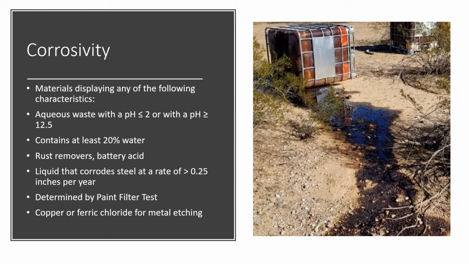A common example is some types of rust removers and battery acid. A liquid that can corrode steel at a rate of more than 0.25 inches per year. A common way that facilities determine the corrosivity is using the paint filter test. Another example is copper or ferric chloride, which is used for metal etching.